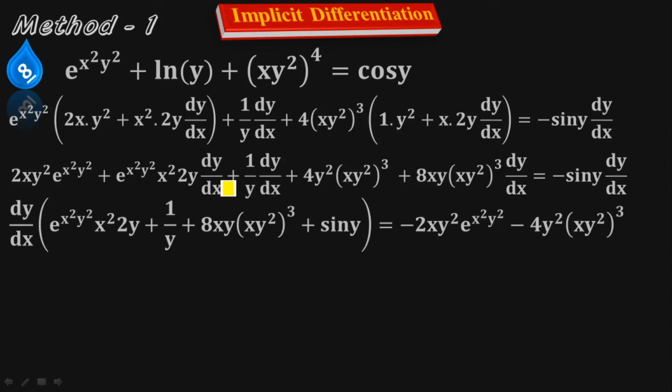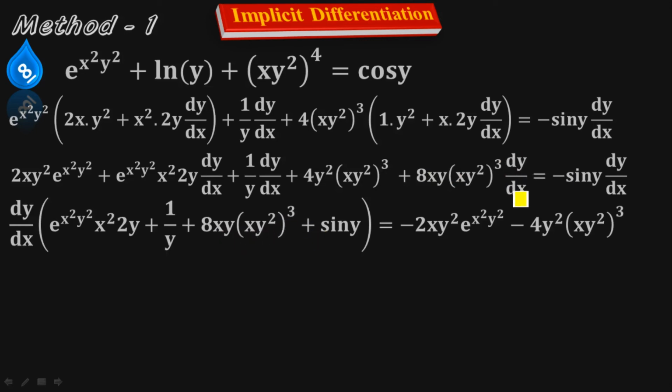Look, when I took dy/dx common from here, I was left only with this part, e to the x squared times y squared times x squared times 2y. Similarly, when I took dy/dx common here, I was left only with 1 over y, plus. Then I took dy/dx common from this term and was left only with this part, which is 8xy into (x times y squared) to the whole cube, plus.